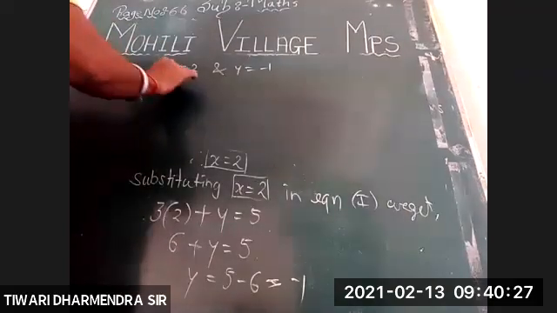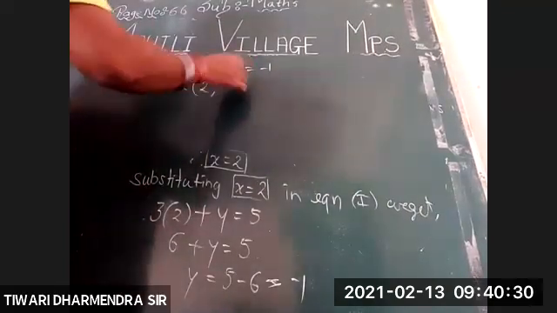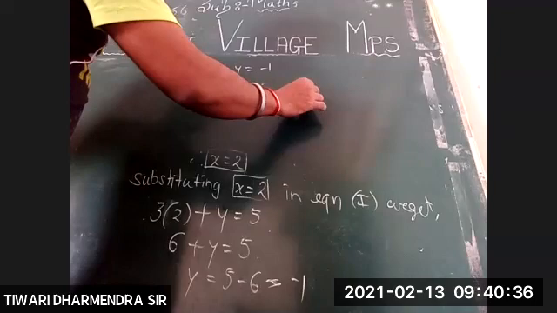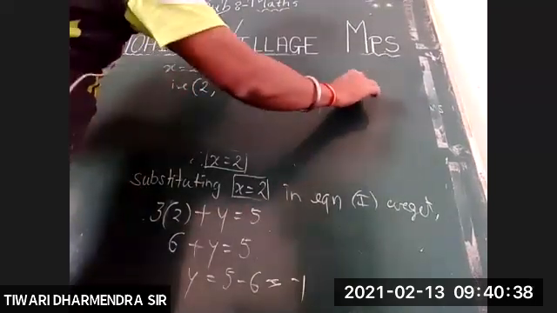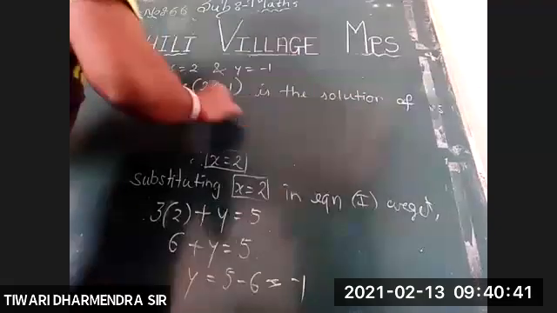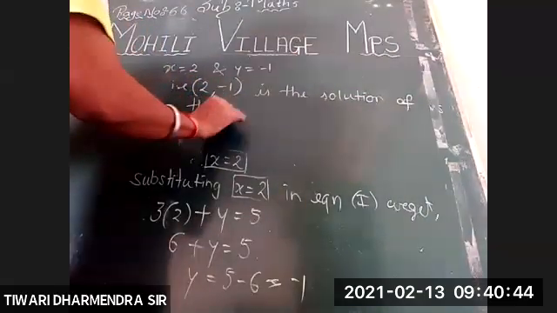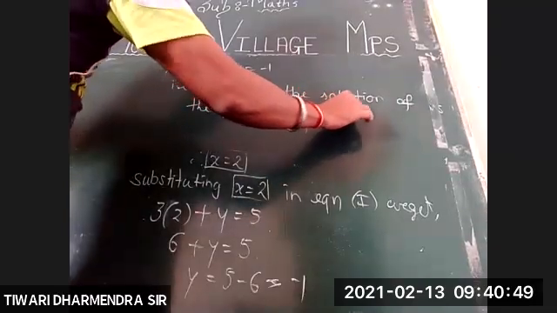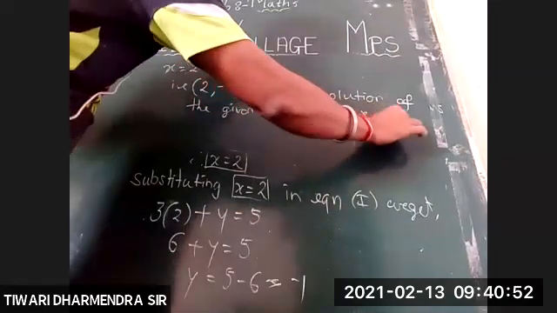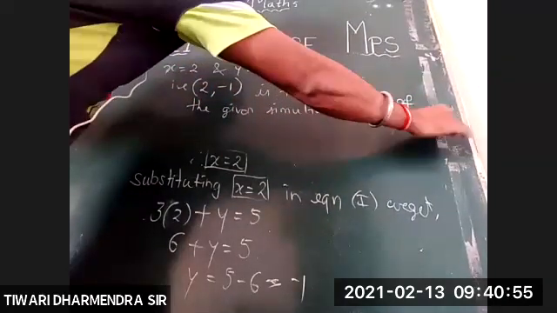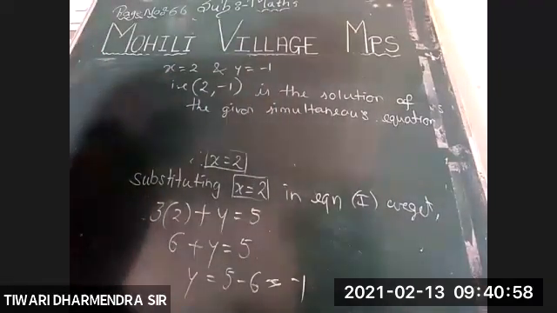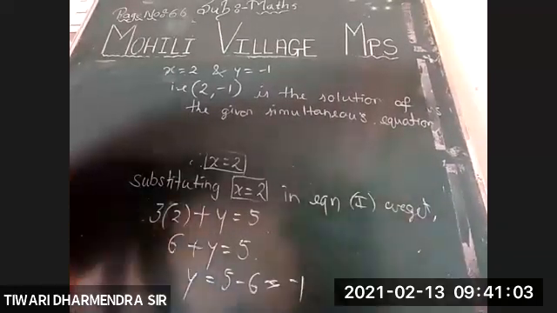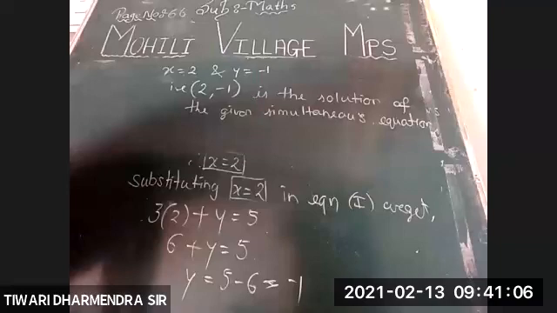So we know that this point, 2 comma minus 1, is the solution of the given simultaneous equation. Simultaneous means two equations together. So both the equations are satisfied by this value at the same time.